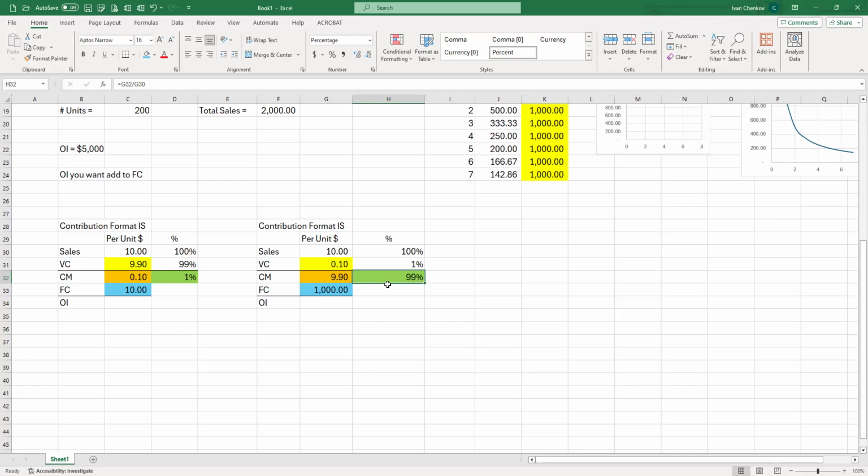So for every dollar that you're selling, 99 cents is going to come to you. Here, for every dollar that you're selling, only 1% is going to come to you. So here you're relying on the number of units that you're selling, where here you're more relying on the sales of 1 additional unit. That's your chapter 4.